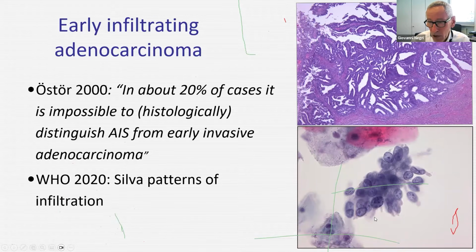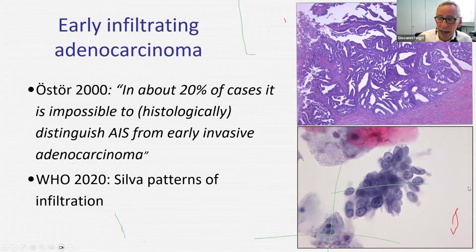So in early infiltrating adenocarcinoma, usually the picture is actually the same as in adenocarcinoma in situ. The features are the same. You do not always have tumor diathesis. You do not have isolated cells. And actually, the differential diagnosis between an early infiltrating adenocarcinoma and adenocarcinoma in situ may be difficult also in a number of histological specimens.